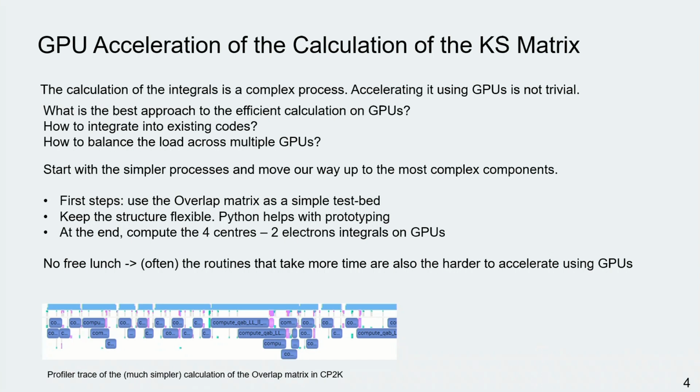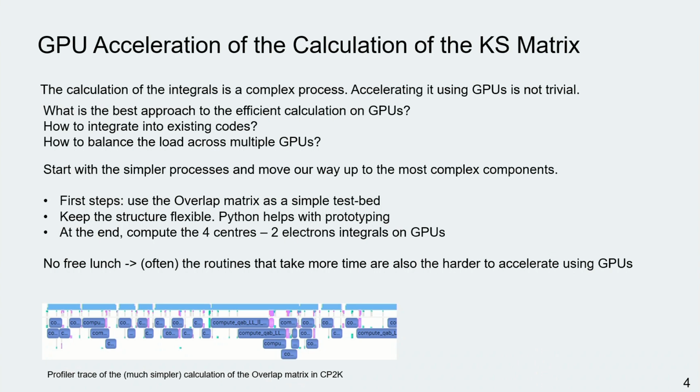We try to keep the structure of the code as flexible as possible. I have to say, before writing any actual CPU or CUDA code, we started with a simpler Python prototype of our various functions. This helps quite a lot.